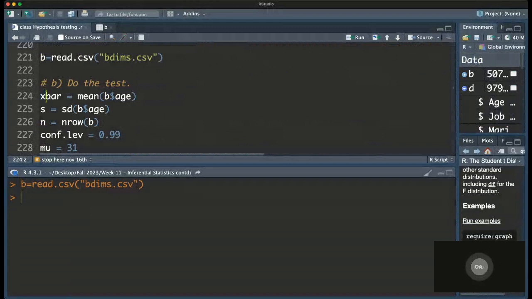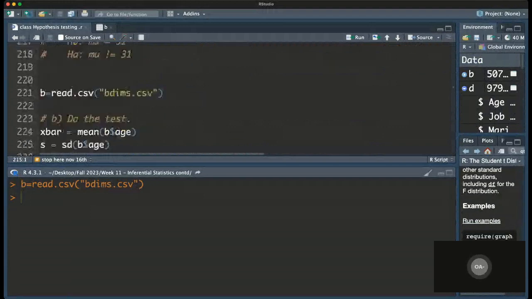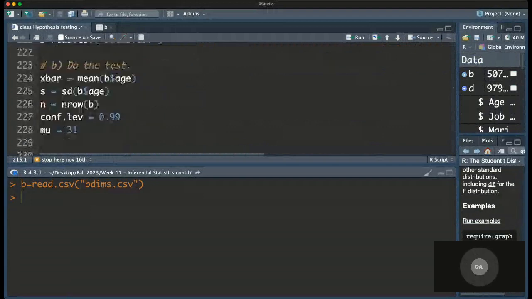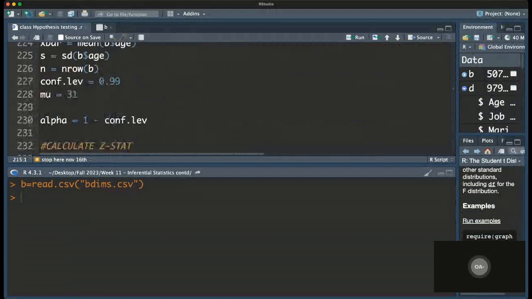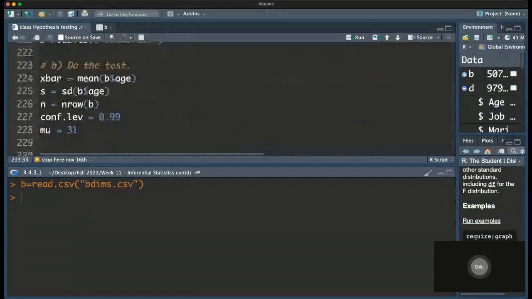Our confidence level is 0.99 because we were told that confidence level is 99%. That also means that our alpha is 1 minus 0.99, so 0.01. And mu is 31. That's the claim. We're told to test that the age is 31. So that's our claim. So let's run this.